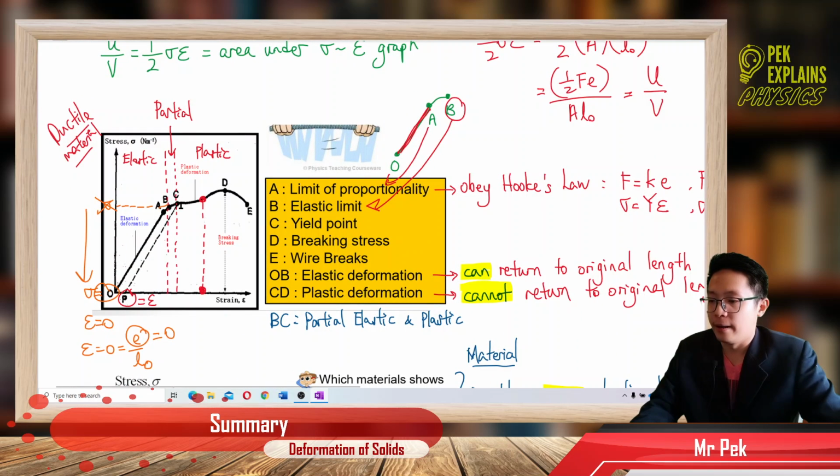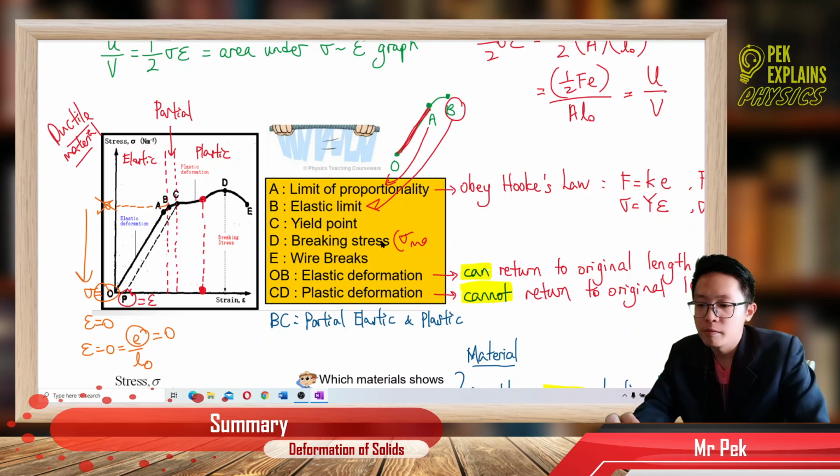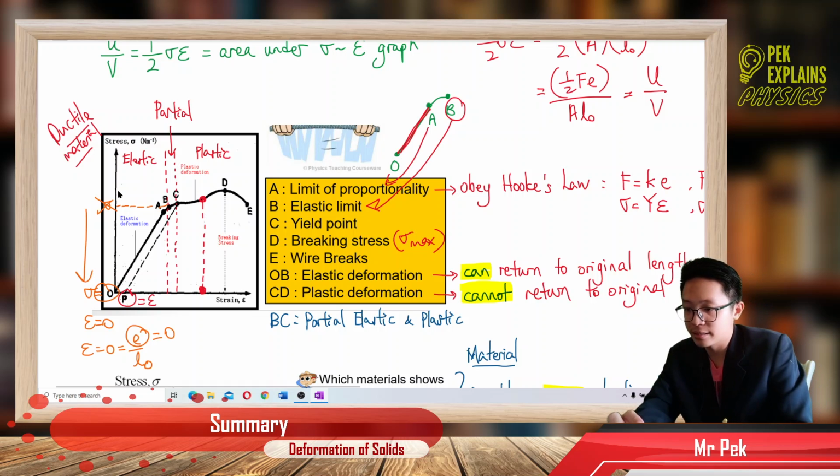Okay? So you pull some more. Point D is called the breaking stress. Breaking stress, it means what? The maximum stress it can withstand. This is the maximum stress here, this point.